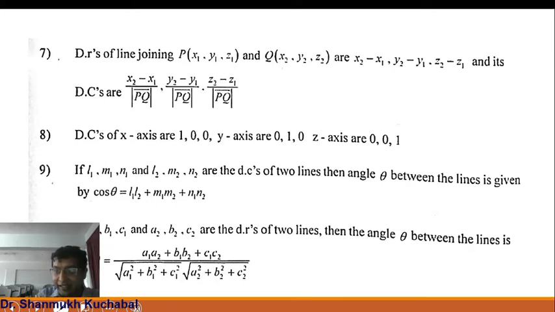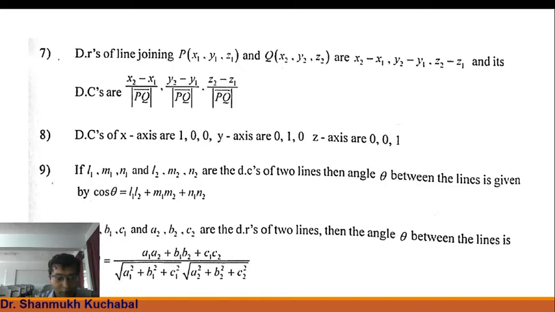Then the angle theta between the lines, that is the angle made by these two sets of direction cosines, is given by the expression cos theta equal to L1 L2 plus M1 M2 plus N1 N2. Using this expression we can calculate it. Very simple, you can remember. Already in theory we have discussed this, so it is just a revision for you.